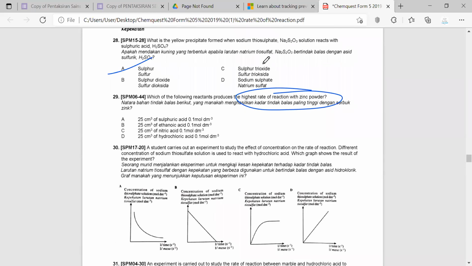A. Yes, Hanif, very good. It is A. Hanif, would you like to tell me why? Sulfuric acid has 2 H. Very good. Excellent. I've got 2 hydrogens, so my concentration of hydrogen ions is higher. Do you all understand what teacher and Hanif just said? Yes, teacher. Okay.